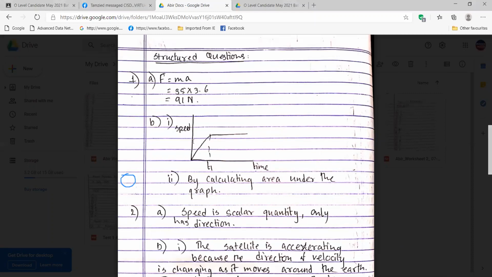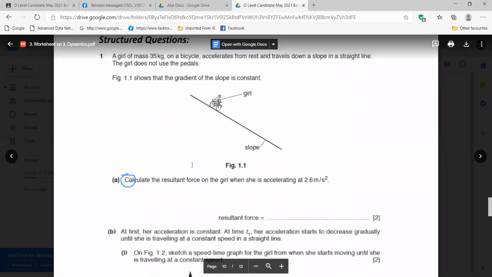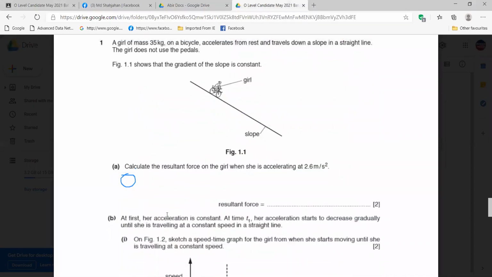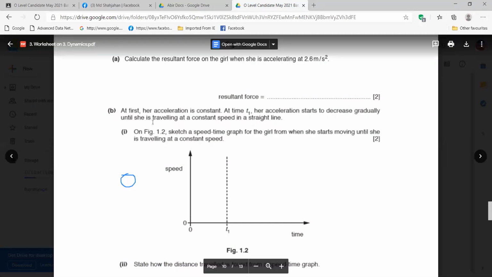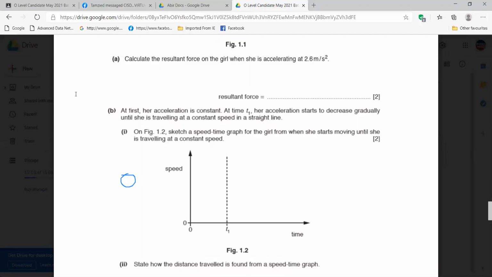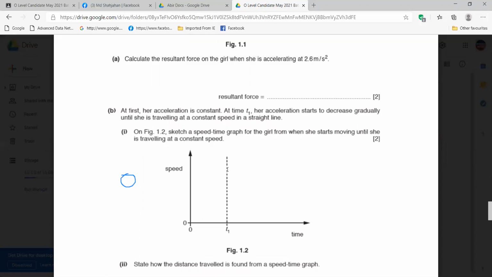Till T1, you gave a straight line, right? Yes, very good. What they asked here in the diagram is that at first her acceleration is constant. At time T1, her acceleration starts to decrease gradually until she is traveling at a constant speed in a straight line. So till T1 we'll get a straight line, right?